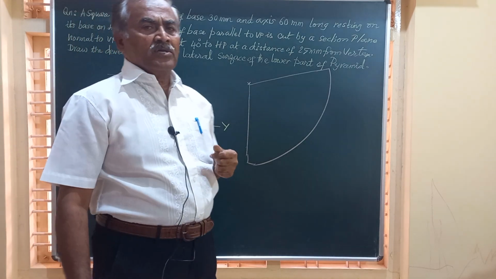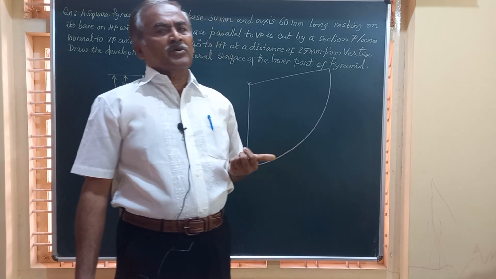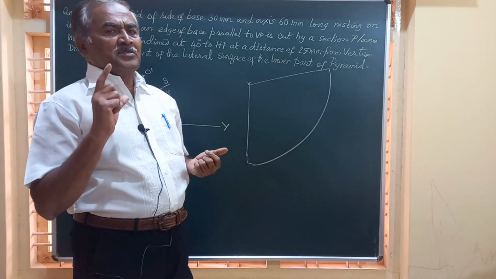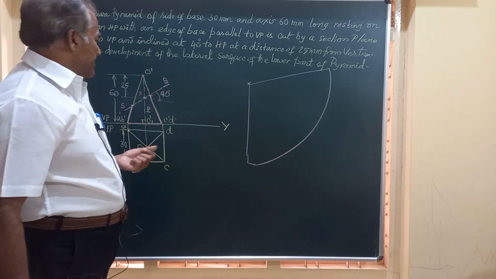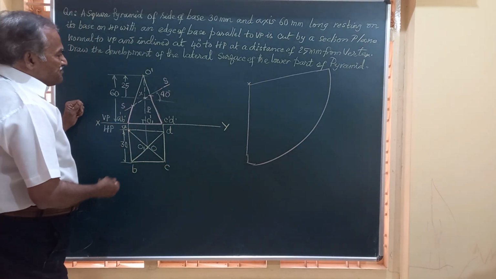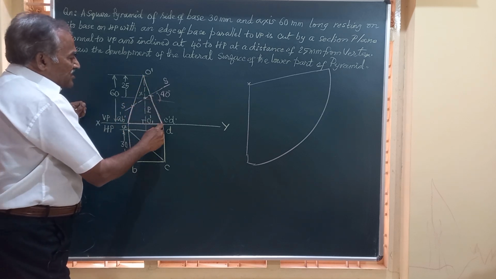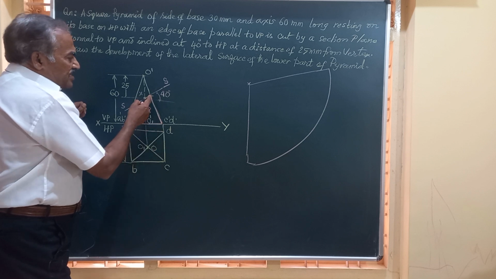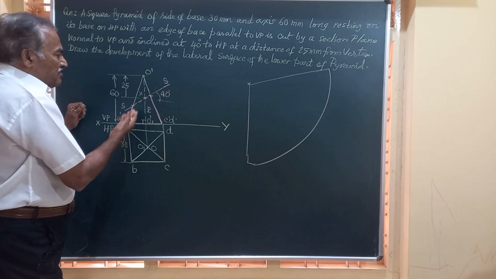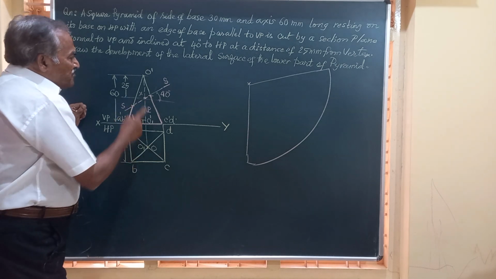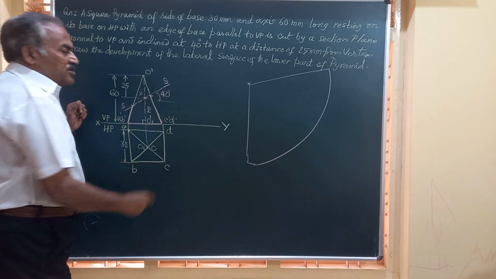And you know friends, for all these developments of any object, a cone, a pyramid, a cube or a prism, we need to have the actual dimension, whether it is a slant edge or a longer edge or a base edge. Friends, you can observe in the front view, O dash C dash, O dash D dash. They are the two slant edges where the section plane is cutting. And here also we have O dash A dash, O dash B dash. But if you see the top view, none of the slant edges is parallel to VP.